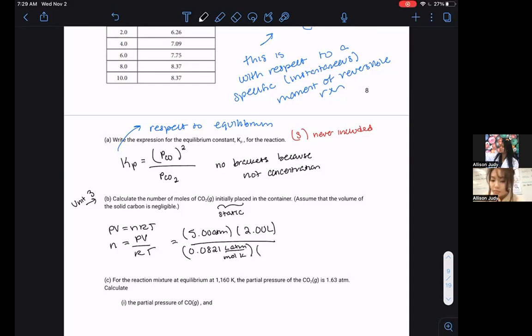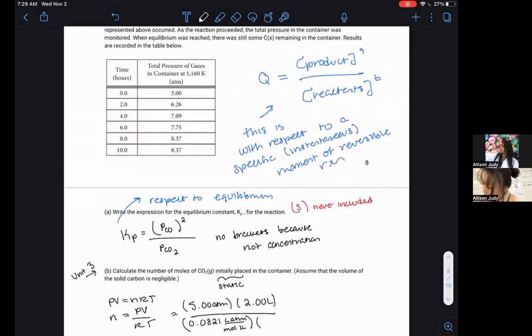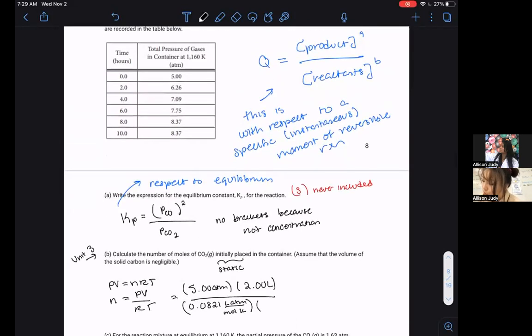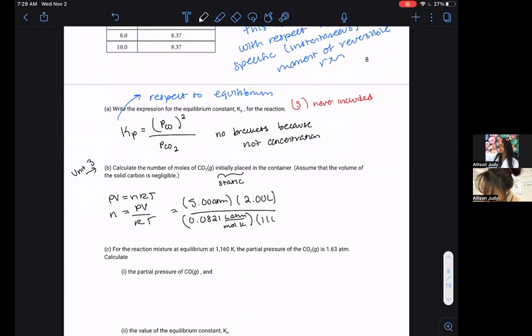We're told the initial temp is 1160 Kelvin. And I believe all you need to do then is the math.